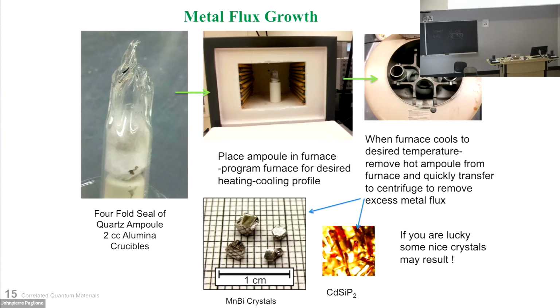Sorry, I missed it, what was the reason for this fourfold seal? Structural. Is it for structural purposes or? Yeah, as you know, sometimes it's hard to seal these silica tubes as they get large in diameter. At some point, we have to get a glass shop.